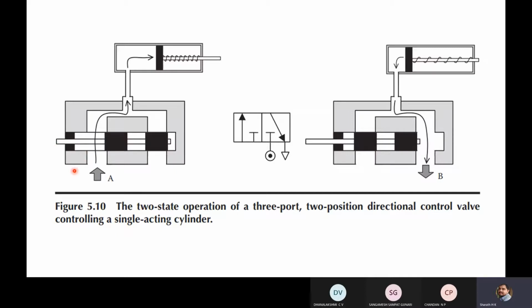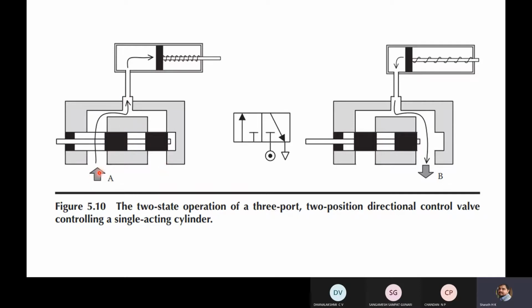If it is open, so it is normally open, you will get this position. Air will flow from this port to this. So inlet, and this is the pressure port, actuation port, and this will be release. Or you can consider this as inlet and this as outlet.